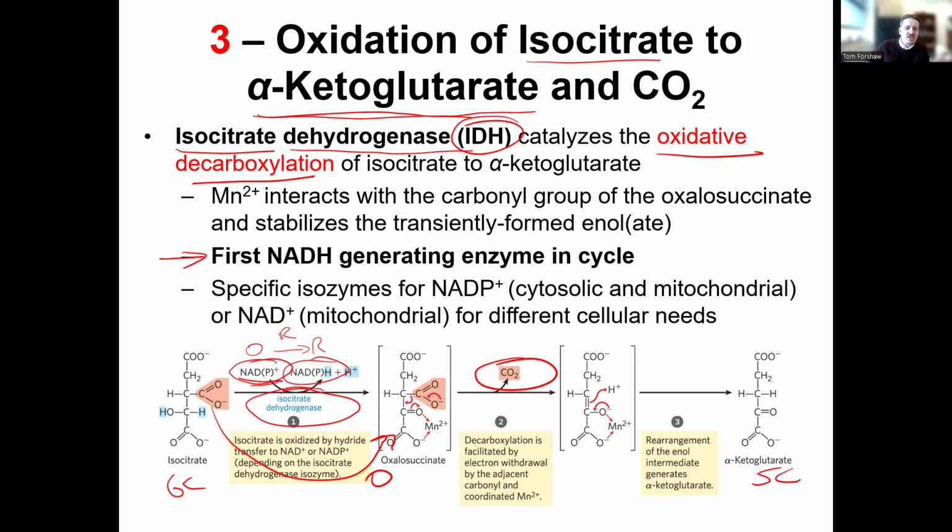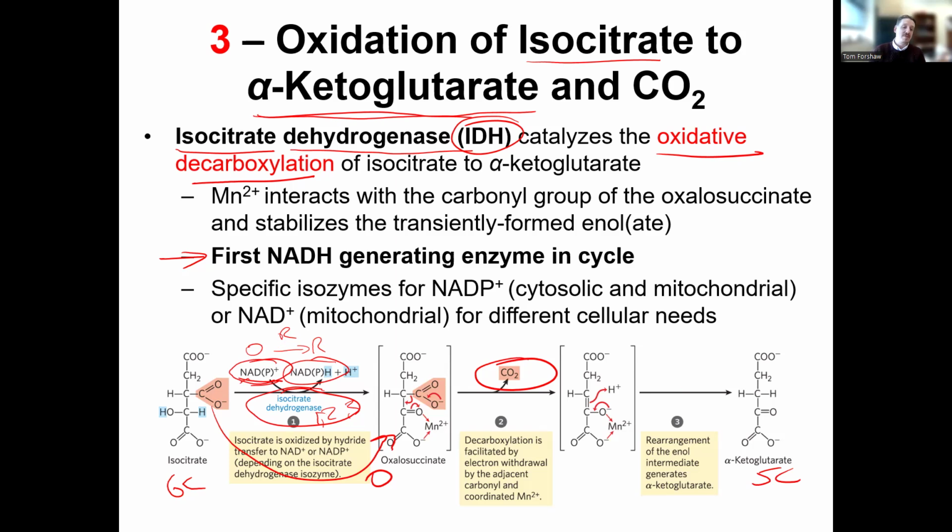There are different versions of this. There's isocitrate dehydrogenase 1, 2, 3, and maybe others as well. And they differ in their localization, but also in which nucleotide cofactor gets reduced, whether it is NAD or NADP. Remember that NADP is often used for other things not as related to energy, such as cholesterol synthesis or antioxidant activity, whereas NADH is generally used in energy production.